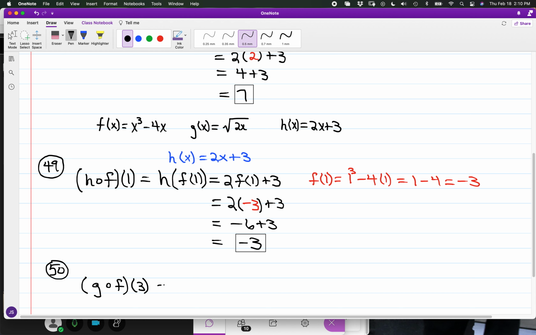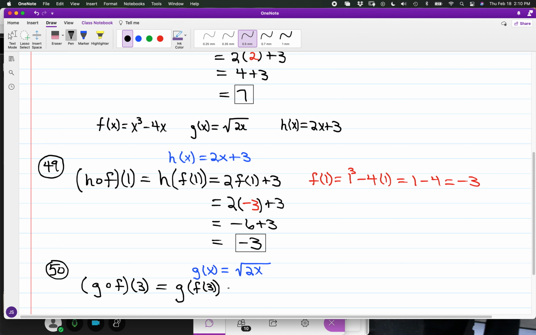So you have g of f of 3. In this layout, the output function is g. So g of the input, by design, is equal to the square root of 2 times whatever input there is.